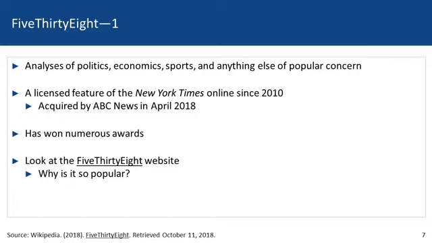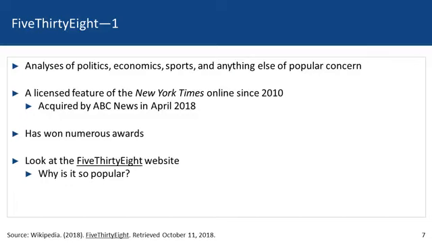It has been a licensed feature of the New York Times Online since 2010, and as of April 2018, was acquired by ABC News. This group has won numerous awards, so let's take a minute to look at the website, the link being provided on the instructions page, and think about why you think this website or this type of data visualization is so popular.